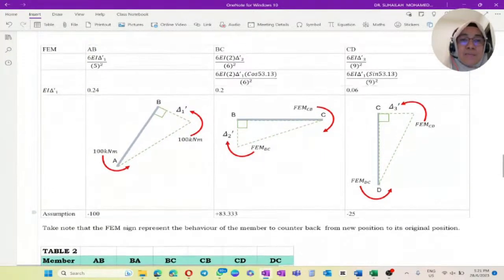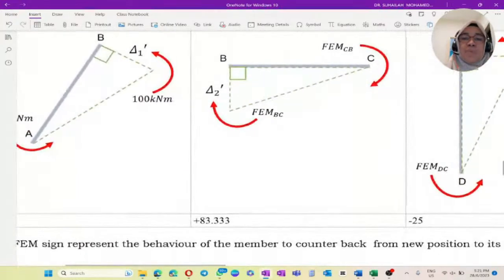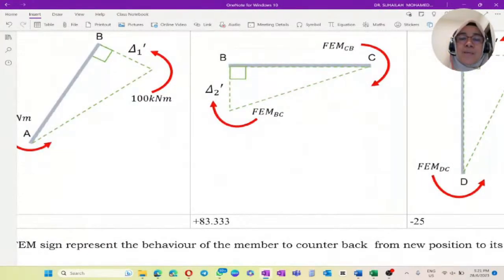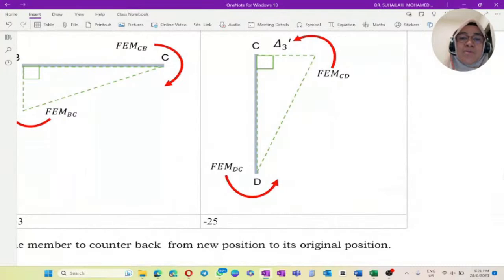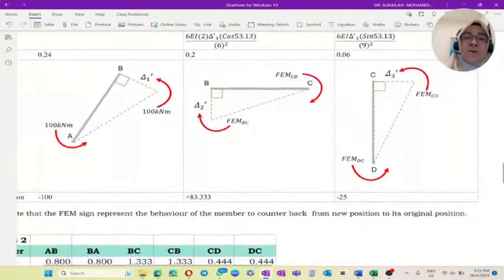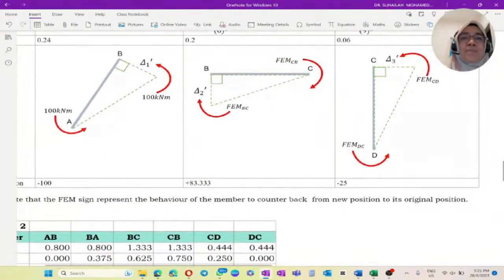We get the FEM for member BC equal to positive 83.333. The positive means the beam rotates clockwise. For CD, the FEM rotates counterclockwise and the value is negative 25. The detailed calculation about this assumption has been explained in my previous video.